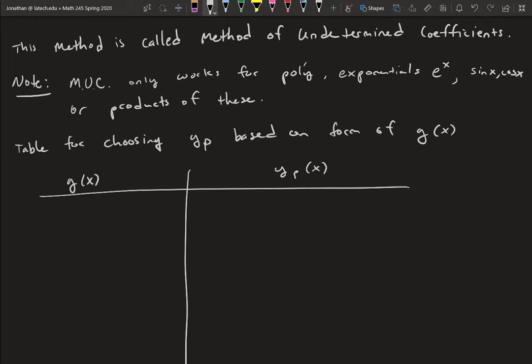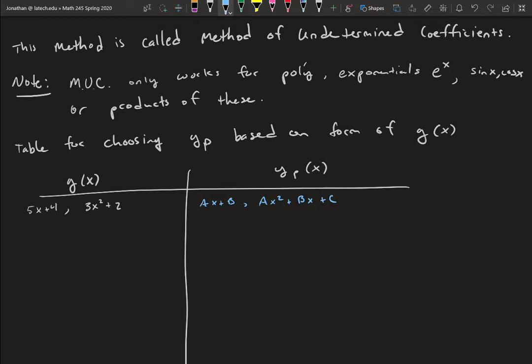Well, first of all, if maybe g of x is like 5x plus 4, or maybe something like 3x squared plus 2, what we would pick for yp would be a linear function, ax plus b, or a quadratic function, ax squared plus bx plus c. So it just mimics the form of the right-hand side of the differential equation for the most part.